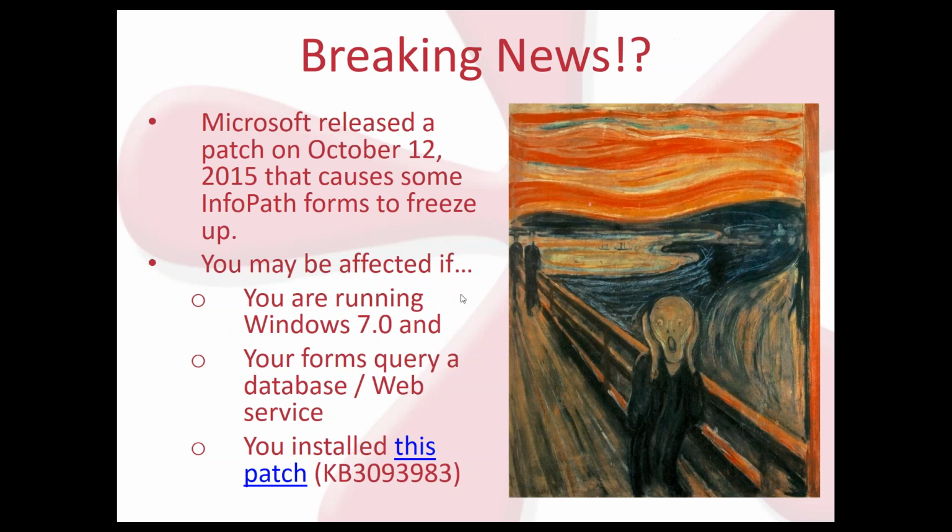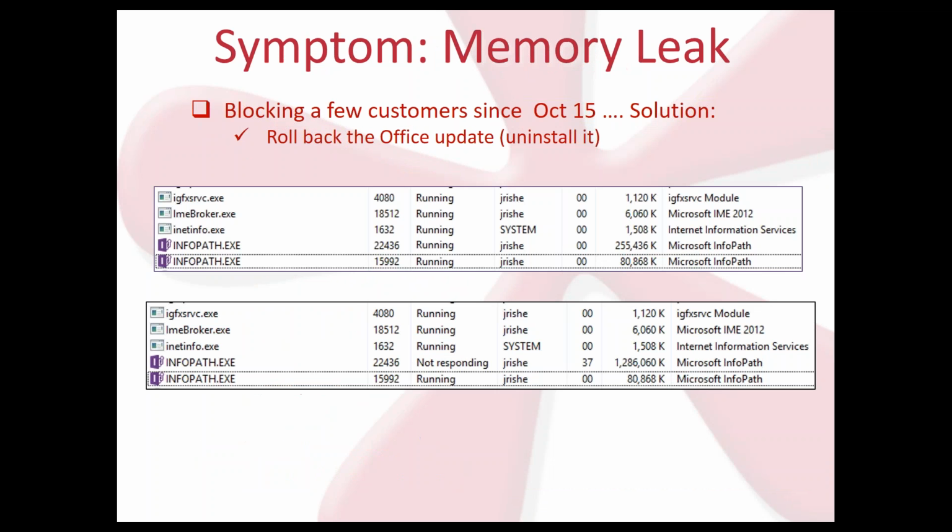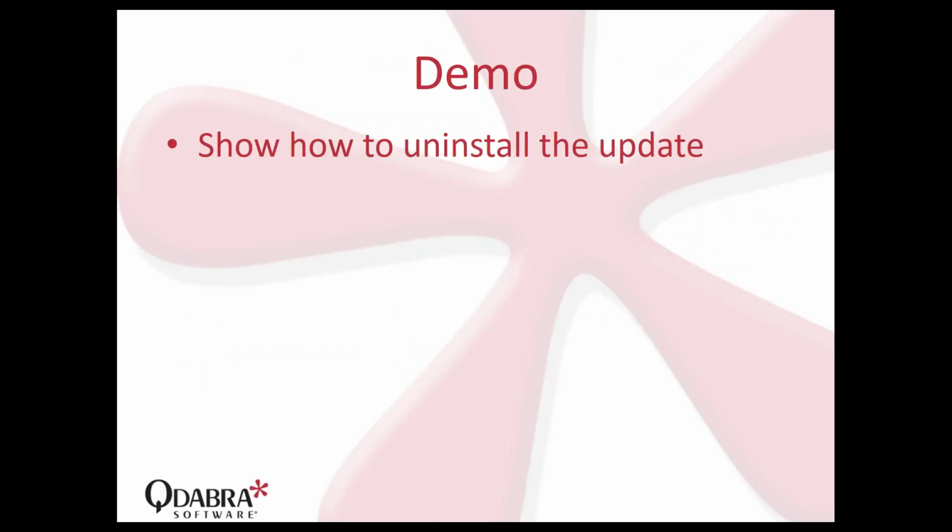What we've seen is basically a memory leak, where all of a sudden the memory maxes out. Uninstalling this update is frequently a good workaround, where people stop having the issue once the update's been uninstalled. The symptoms are basically terrible performance in InfoPath.